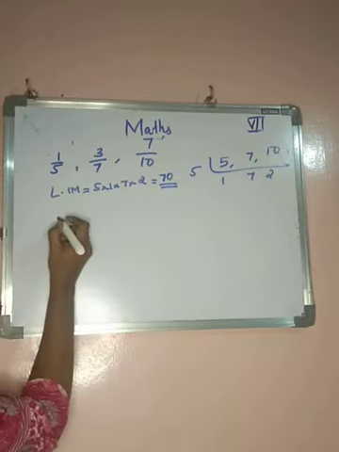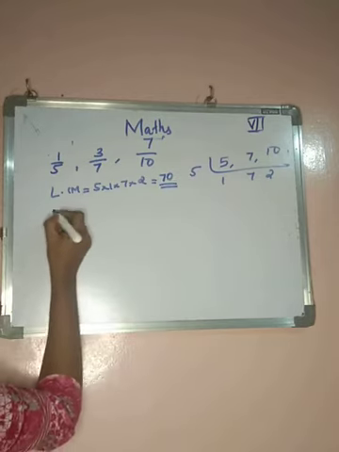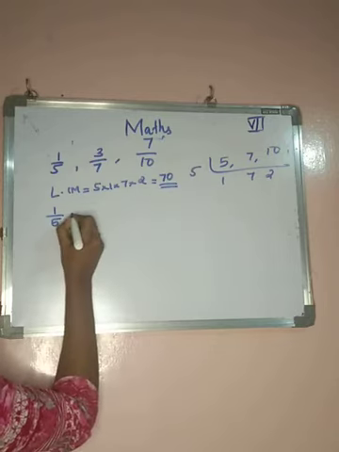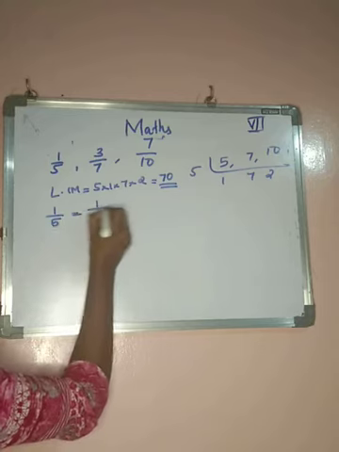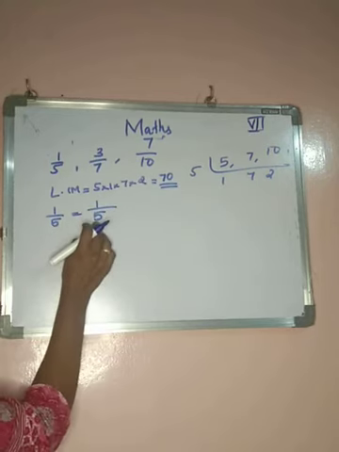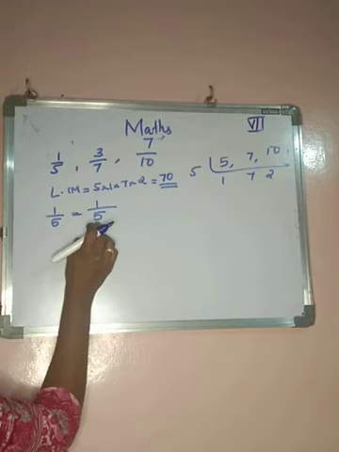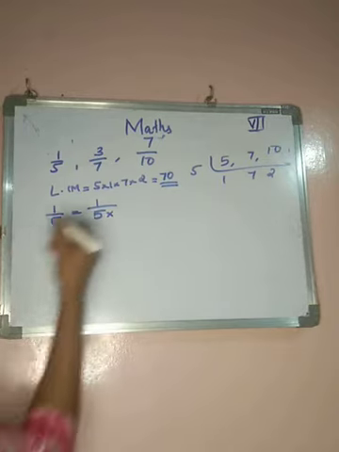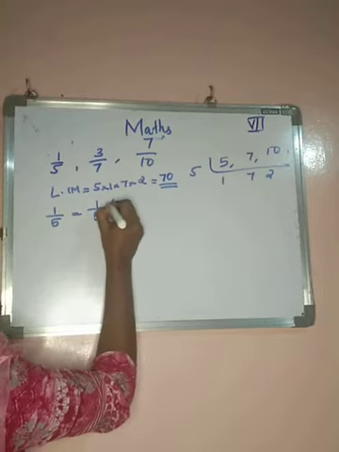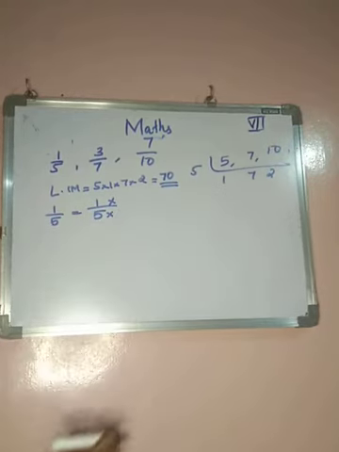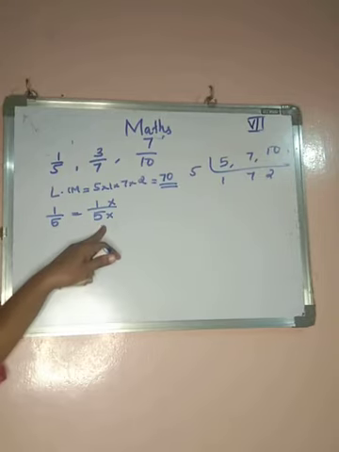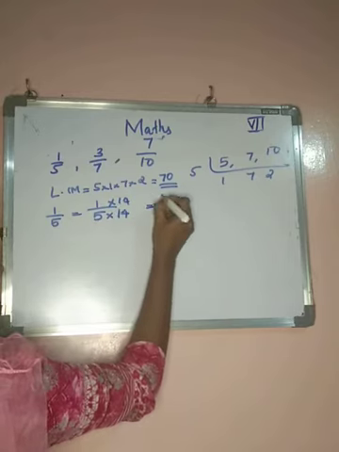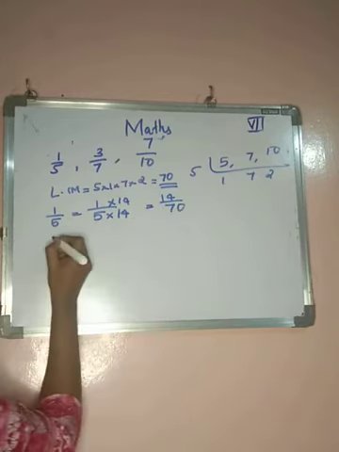Then we convert each of the denominators to 70. First, 1 by 5: the denominator converts to 70, so we multiply numerator and denominator by 14, and we get 14 by 70.